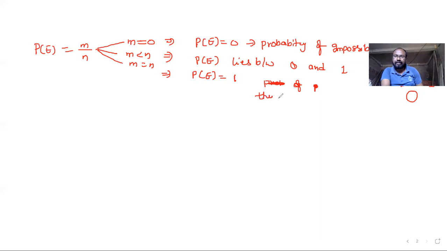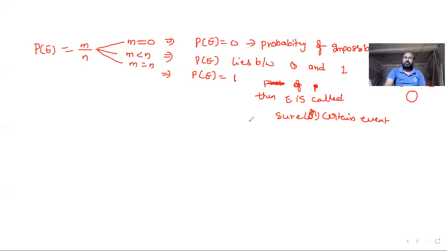In this case E is called a sure or certain event. So we have 100% chance of E happening, that is P is equal to 1.